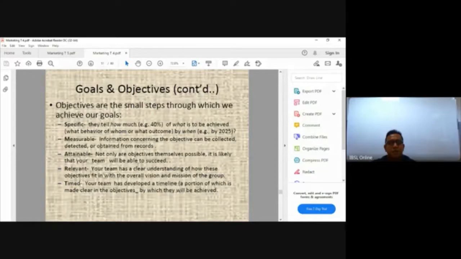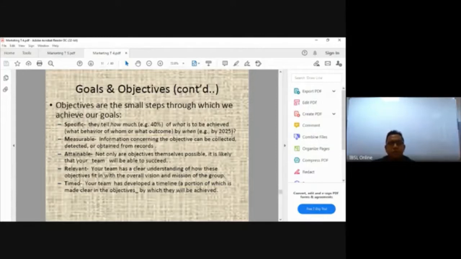Relevant: your team has a clear understanding of how these objectives fit with the overall vision and mission of the group. Time bound: your team has developed a timeline, a portion of which is made clear in the objectives, by which they will be achieved.